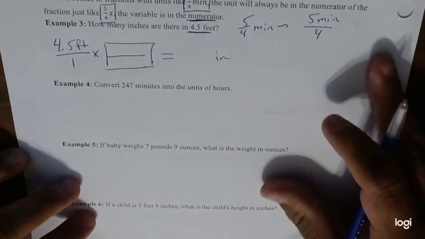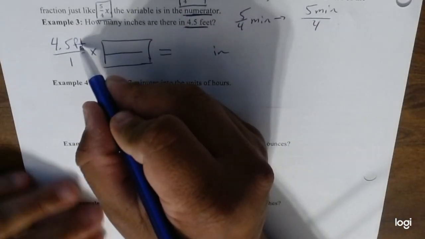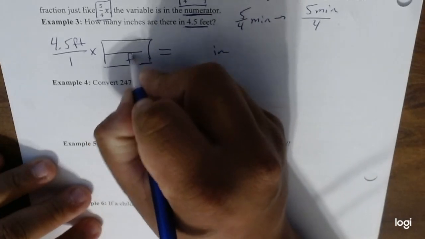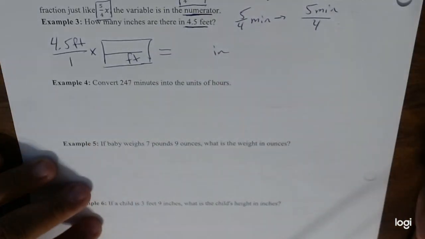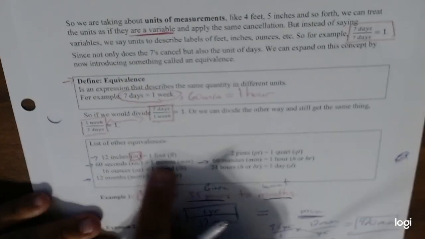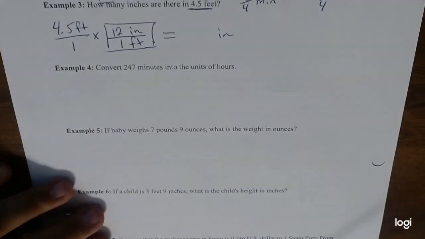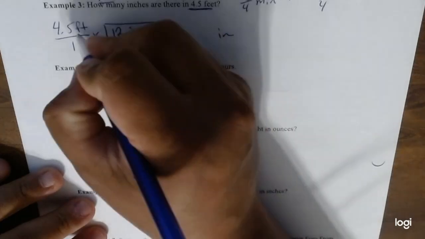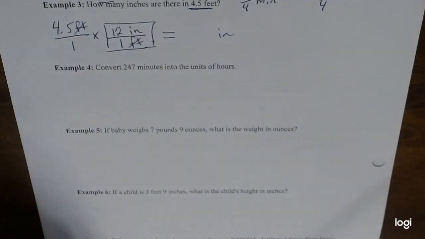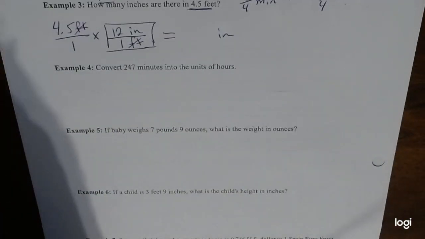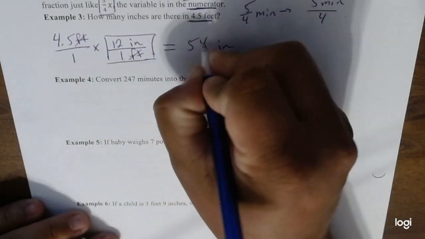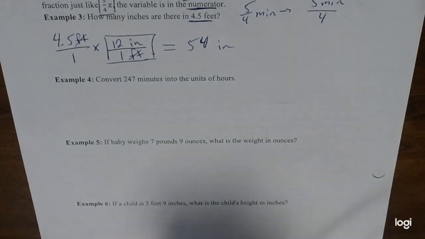If you have feet on top, therefore feet must be at the bottom, because that's the only way to cancel feet out. So by default, inches has to be on the top. Again, it has to be one or the other. So we know for every 1 foot, there are 12 inches, just going by our equivalency. Those cancel, and now we just multiply. So this is going to be 54 inches. And there we go.